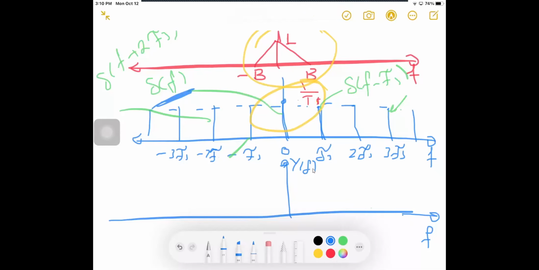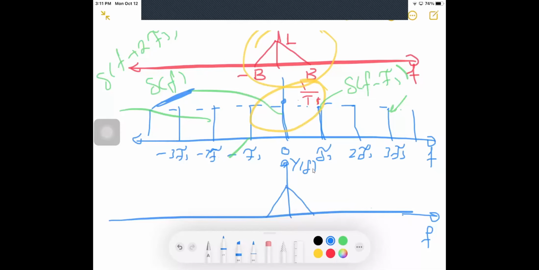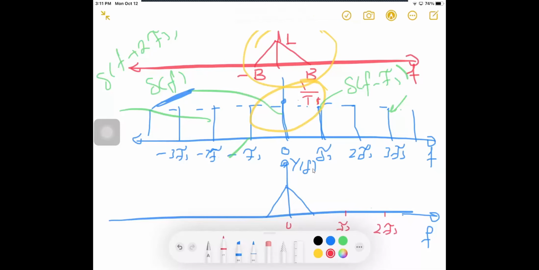So we have x of f itself. Good. So we have to put ticks for 0, fs, minus fs, 2fs and minus 2fs. Is that okay?